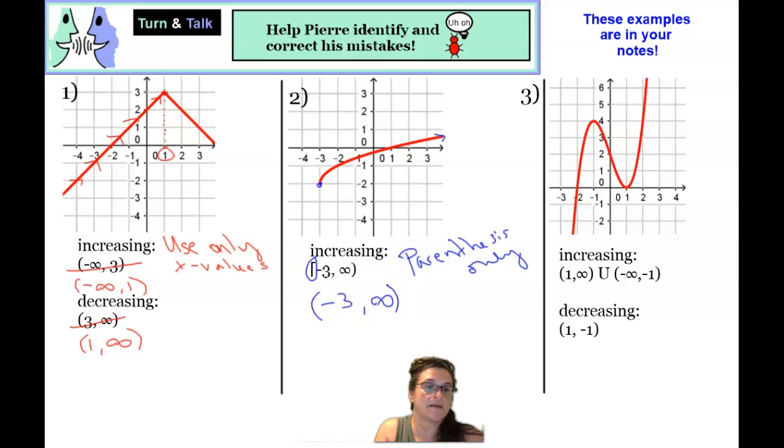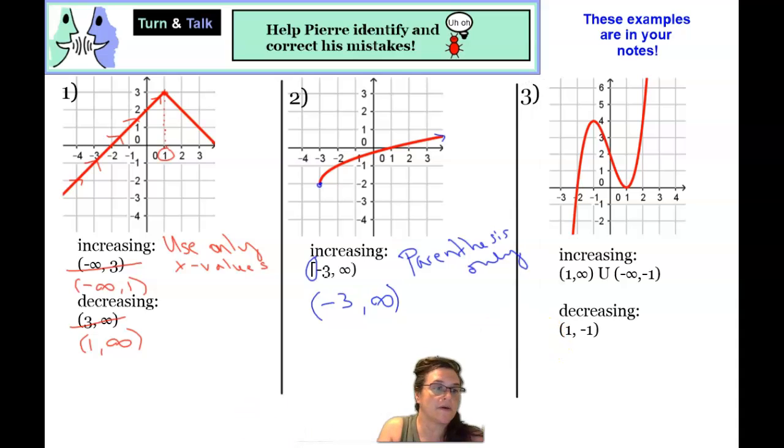Okay, then in example 3, let's get this moved over there. There we go. So in example 3, we see that the function is increasing from -infinity, because we always read left to right, so -infinity until -1, right? And then it starts increasing again here at 1 until positive infinity. But when we look at the interval that was listed, the person wrote it as 1 to infinity and -infinity to -1.